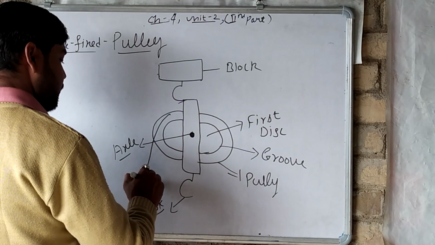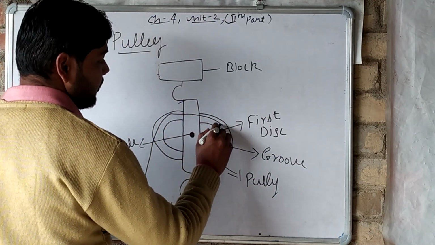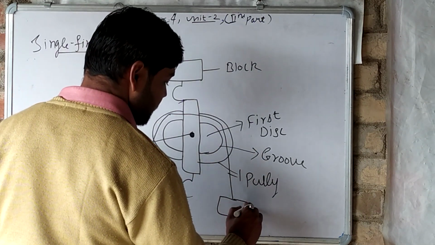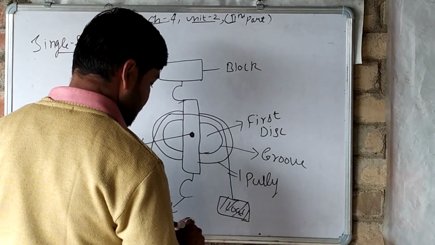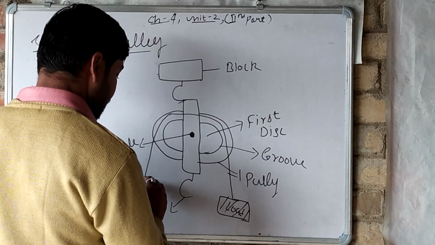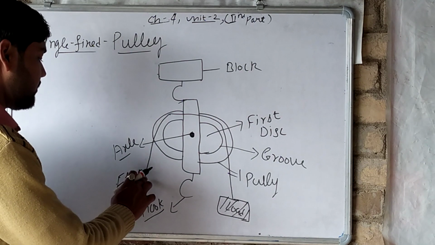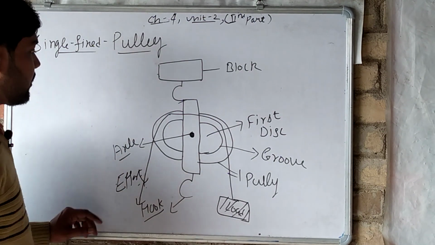See, a rope will be attached here, and this rope will go from here to here, and the load is attached here. Effort will be applied in the downward direction.